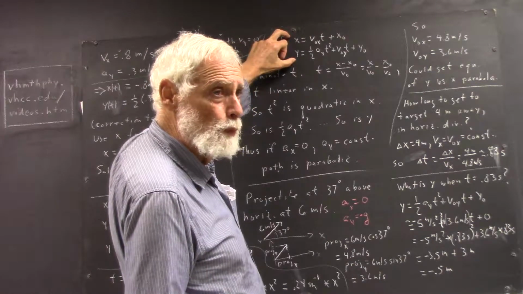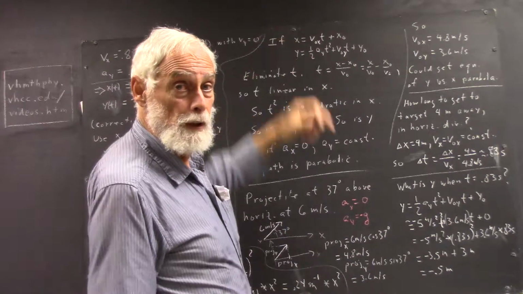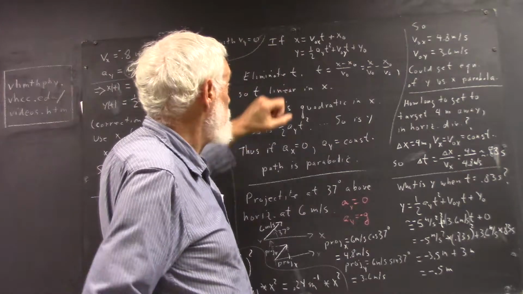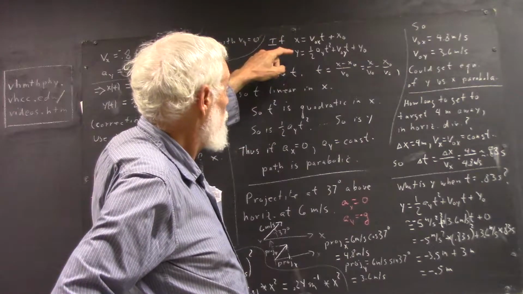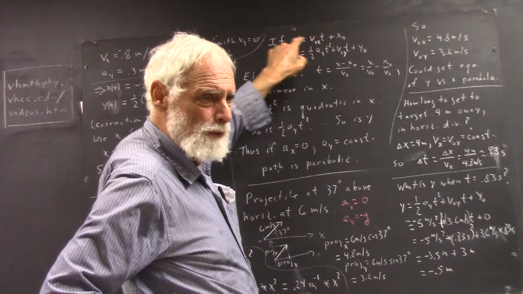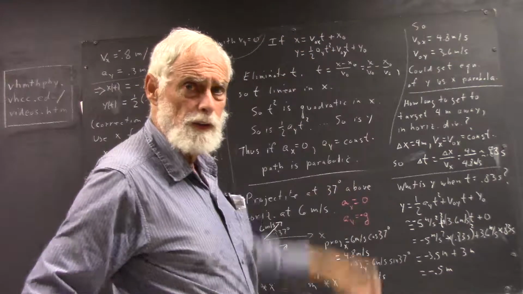Well, we don't have to work out all the algebra, although we could and probably should for practice, but we don't have to work out all the algebra to figure this out. We simply observe that x is a linear function of t. If x is a linear function of t, then if we solve for t, we're going to get a linear function of x.